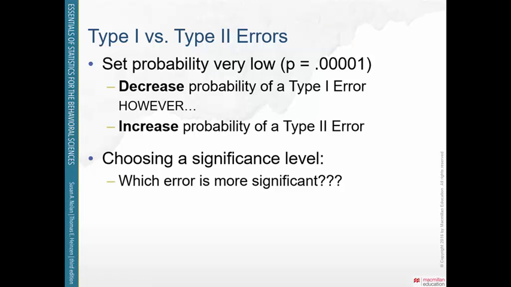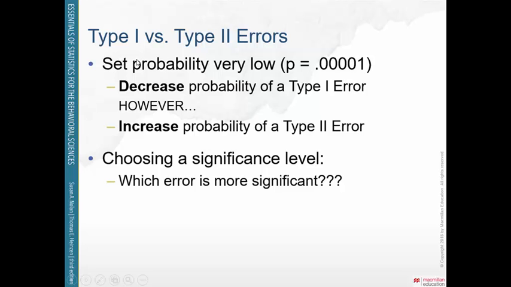There is an inverse relationship between type 1 and type 2 errors, meaning we actually set a level or we set a criteria. We usually use 0.05 as a 5%. We set a 5% chance on any study that we're making a type 1 error. And we'll talk more about this, but this is something that we as a researcher choose, and typically we set it at 0.05.